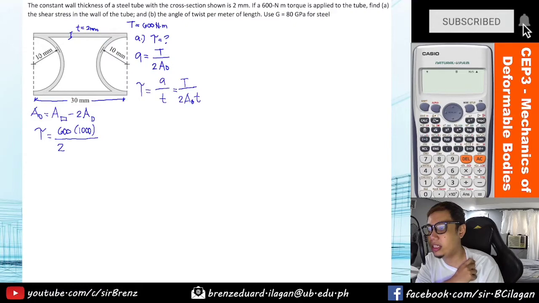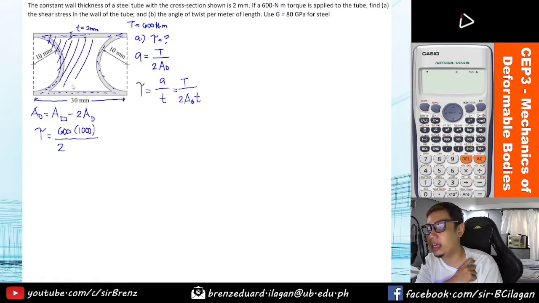So, ginawa ko na lang siyang times 2 kasi ito, semicircle to, and then ito, semicircle. So, pag binuo, circle lang siya. Okay? So, para makuha natin etong region na to. So, kung gagawin mo kasi ng center line yan, ang tinutukoy dito na area bounded by the center line is yun nasa loob ng dash line na yan, or etong section na to.